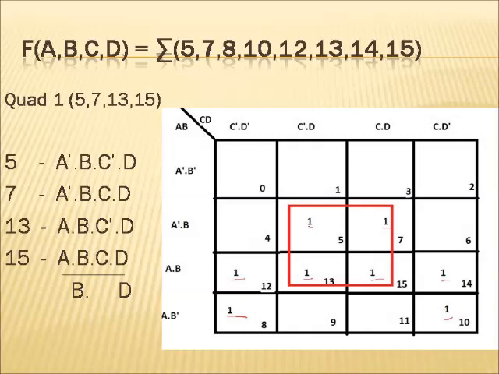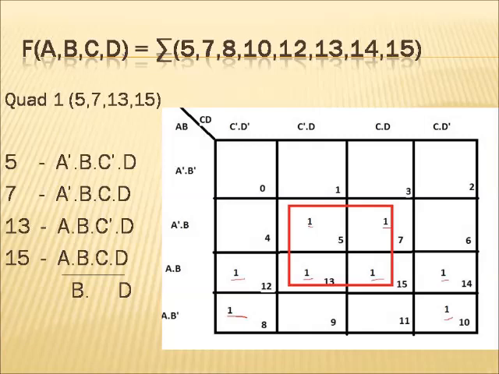So we are just writing the binary equivalent values of 5. As it is a 4 variable map, the corresponding values representing the cells, it is A bar B, C bar D, right?